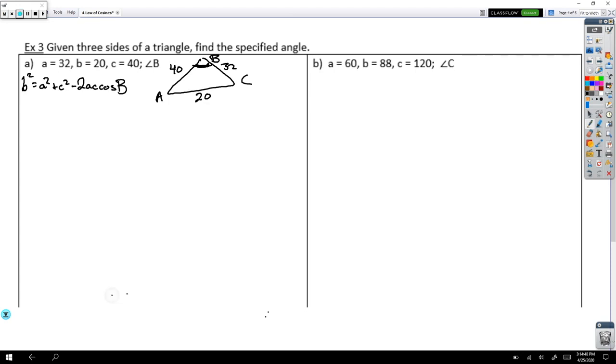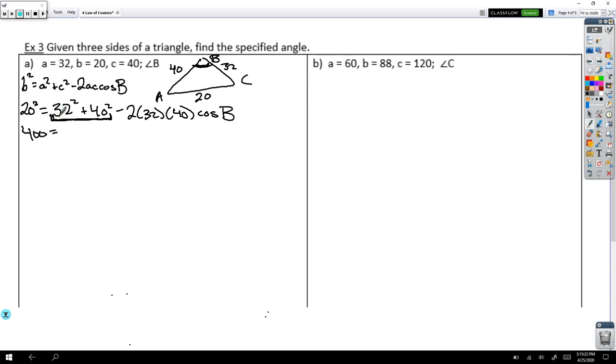Plugging in everything, 20 squared equals 32 squared plus 40 squared minus 2 times 32 times 40 cosine of B. So I don't know the angle measure this time, so I'm just going to leave it as B. Doing all my squaring and multiplying, we would have 400 equals, I'm going to do 32 squared plus 40 squared all in one step.